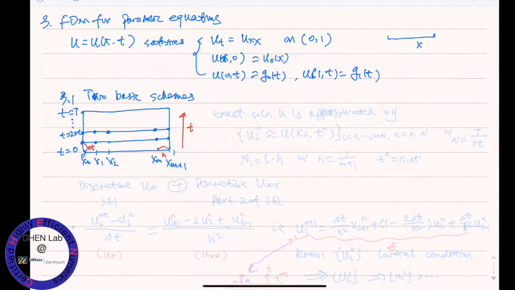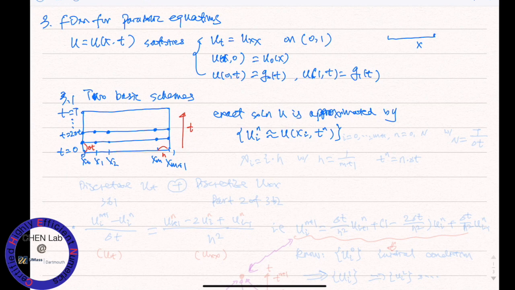So the exact solution u is approximated by these u sub i sup n, which is an approximation to u at (xi, tn).